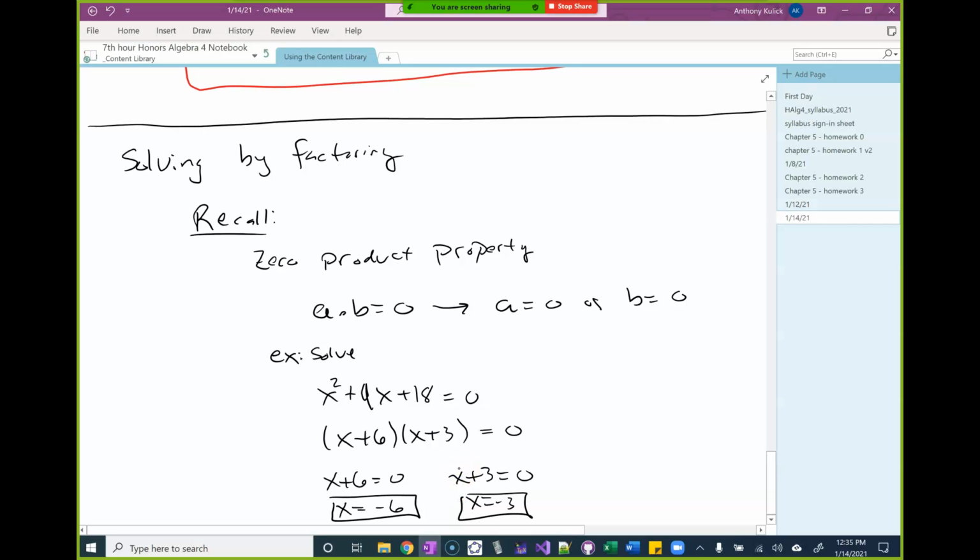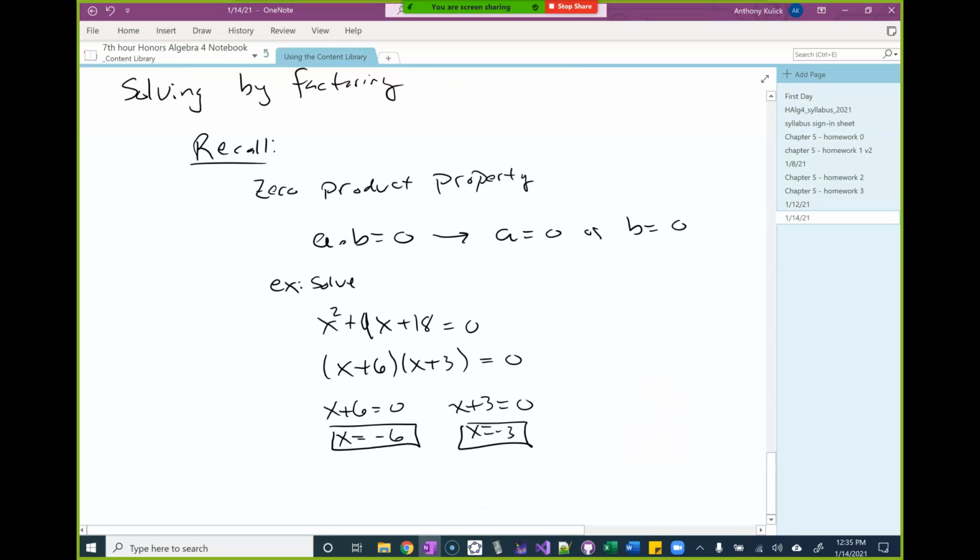Everybody kind of remember doing that from last semester? You should have gotten a lot of practice doing that. That was our first quadratic solving method that we would have talked about. A pretty useful one in that it's pretty easy to use.